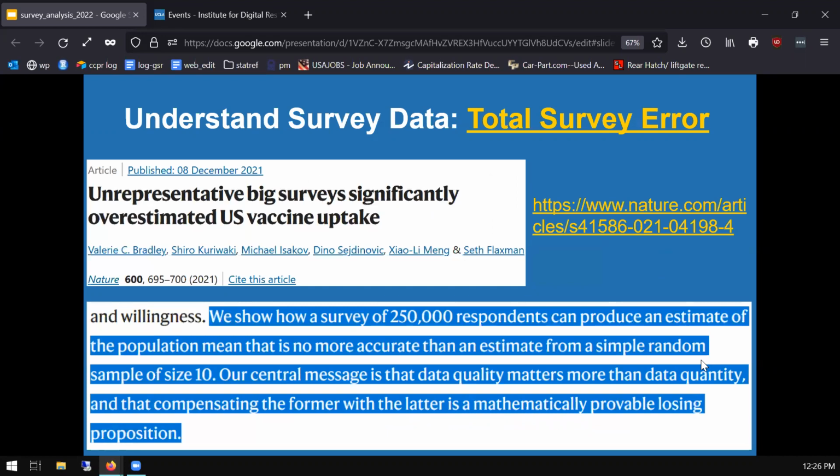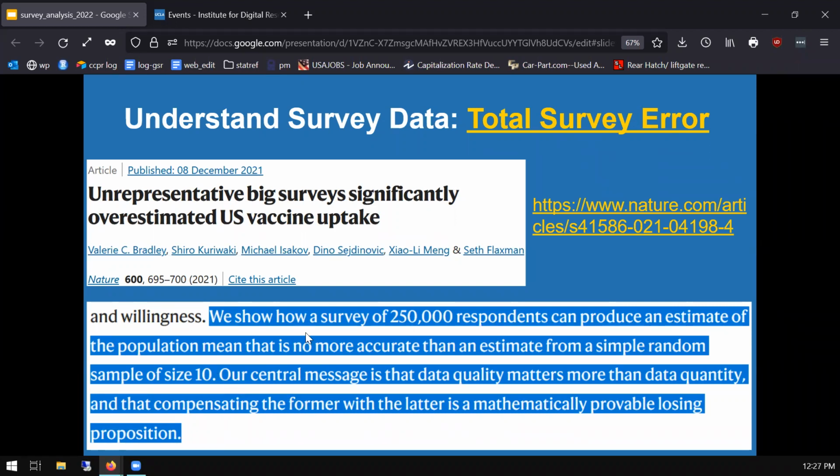So I think they did a bake-off and compared some of the bias and precision properties of these 3 different data sources. And the eye-popping, shocking thing is that 250,000 undesigned respondents did equally as well as like 10 respondents from a well-designed study. So if you're interested, you can take a look.